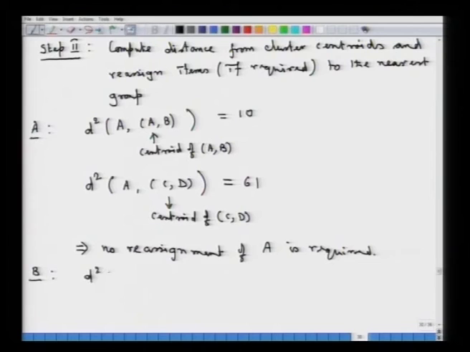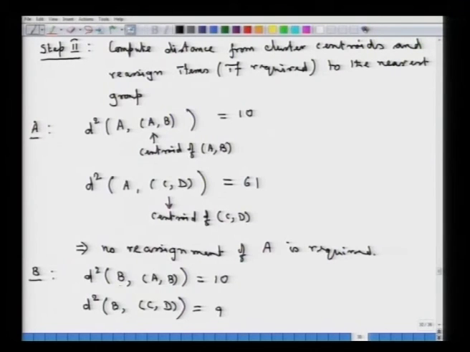Now, once that is done, we move on to case number B, and we will calculate the similar thing. We will have to look at the distance square of B from its own centroid, and we will also have to look at the distance square of B from the other cluster centroid C and D. As it turns out, this is equal to 10 and this is equal to 9.